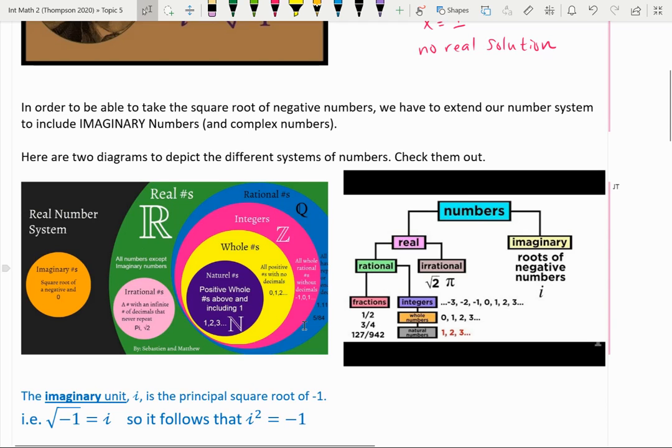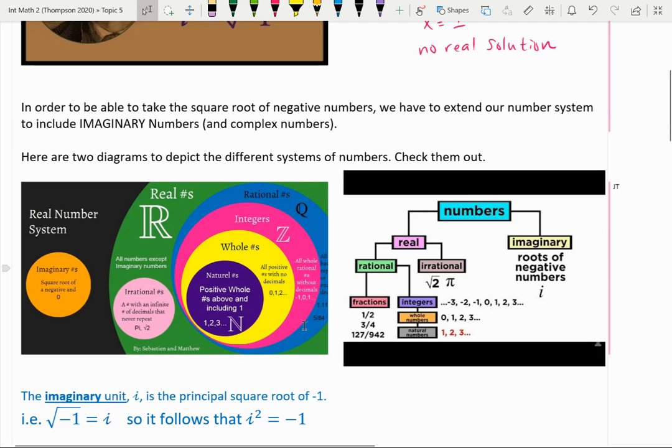They cannot be written as a fraction of a whole number over a whole number, and their decimals do not end or repeat. Now, all of those that we've ever talked about are all the real numbers. These are numbers that we can measure and conceive and put on a number line.